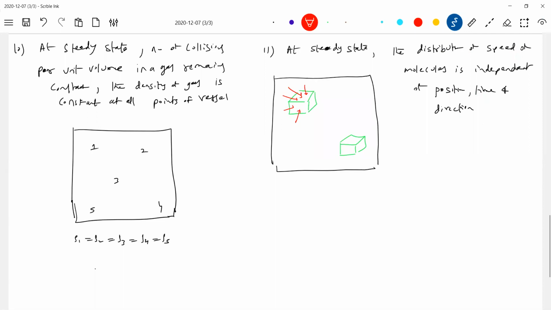Okay, five molecules are entering. At the same time, another 5 molecules must leave. Opposite to that, we have to do it. Some other color I'll show.